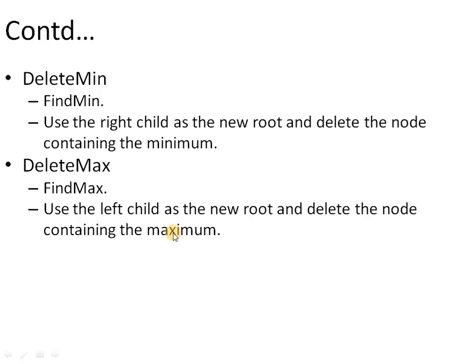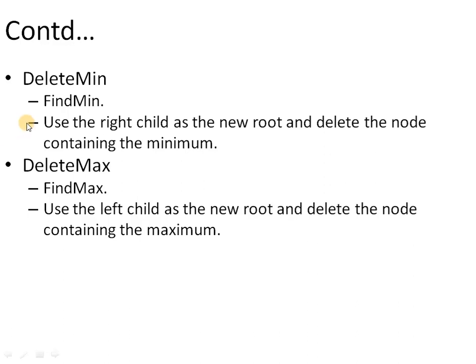And then we have two more operations which are related to find min and find max, and they are delete min and delete max. So we all know in order to perform a delete operation, the first operation to be performed is the search operation. So if we wish to delete the minimum element present in the tree, we will first perform a search to get the minimum element in the tree.